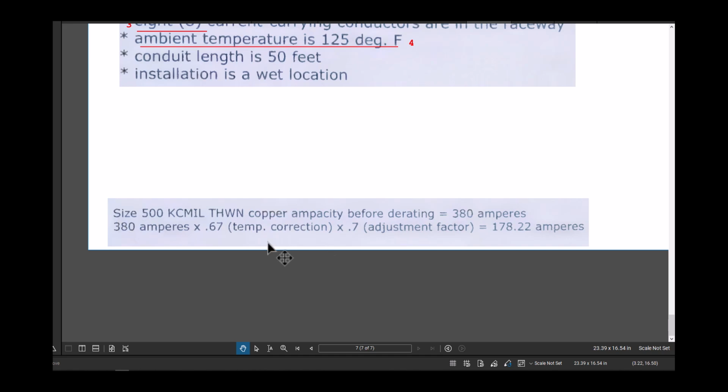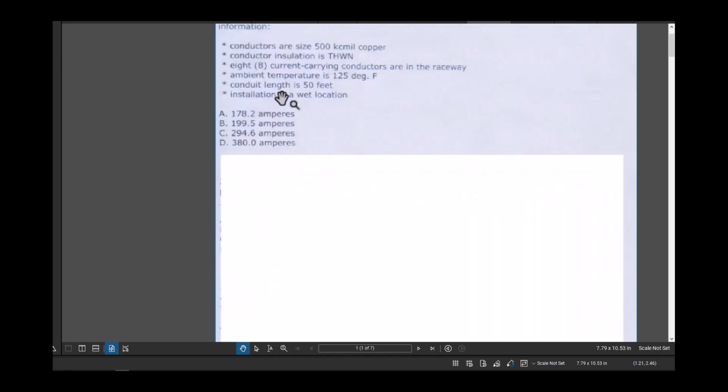When we summarize it here, 500 kcmil THWN copper ampacity before derating is 380 amps, which we found. 380 multiplied by 0.67 temperature correction and 70% or 0.7 adjustment factor is 178.22, so the answer is A.